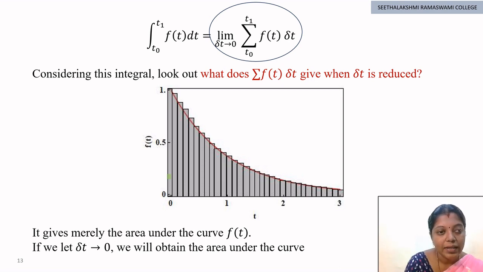When you make del t even smaller, as del t tends to 0, the area of all the rectangles will perfectly match the curve, so that the integration measures the area under the curve f of t.